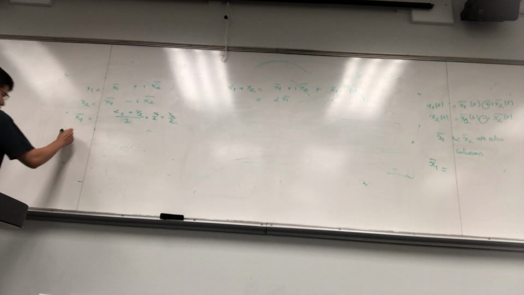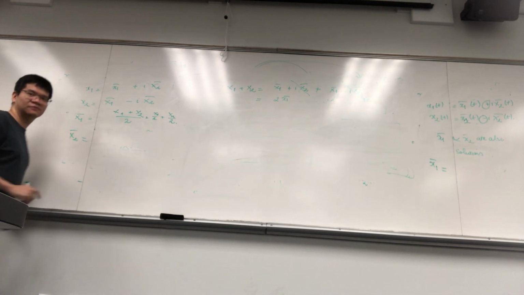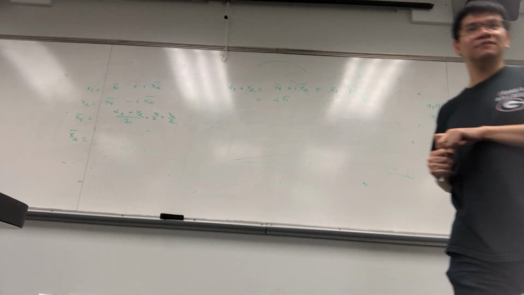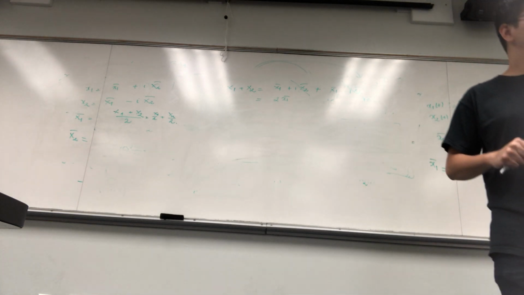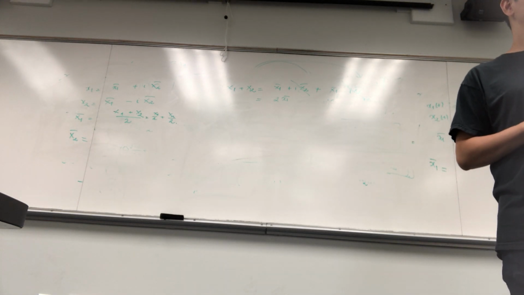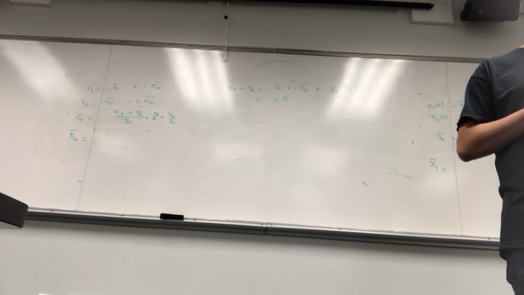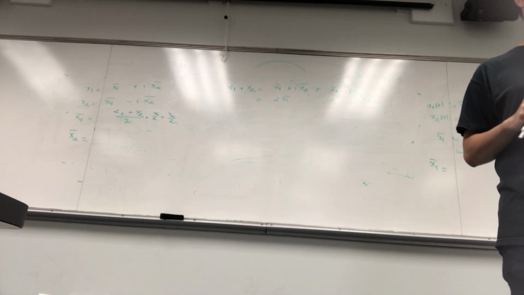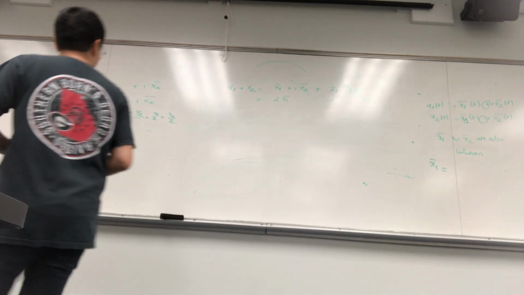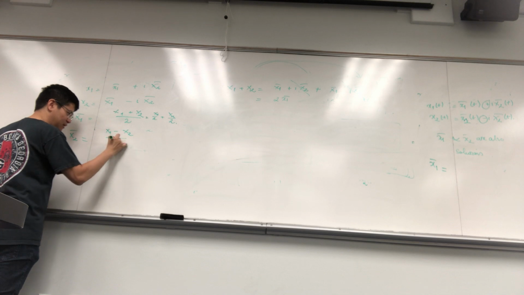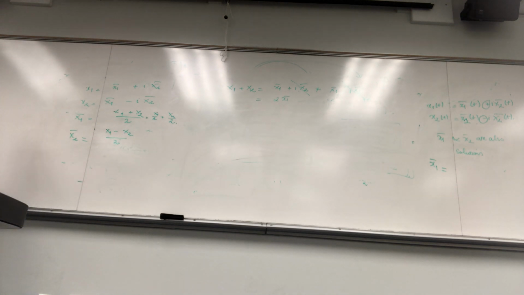Similarly, I want to compute x2 bar. So what is x2 bar? Yes? Would it be x1 minus x2 over -2i? Yes, over 2i. So you're gonna take the difference of x1 and x2 over 2i. Why?